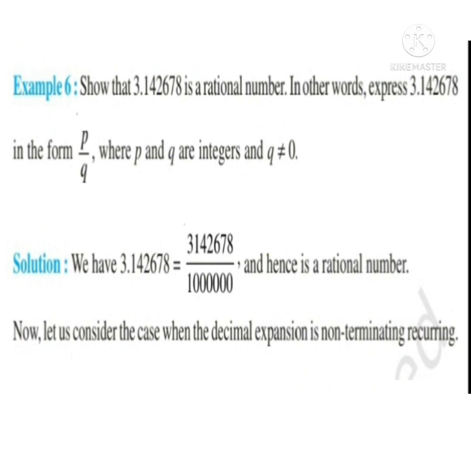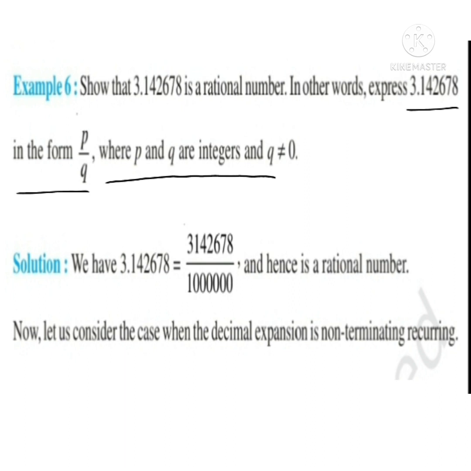Now the next question. Show that 3.142678 is a rational number. In other words, express this number in the form p by q, where p and q are integers. So far we have discussed how to convert a rational number into a decimal number.